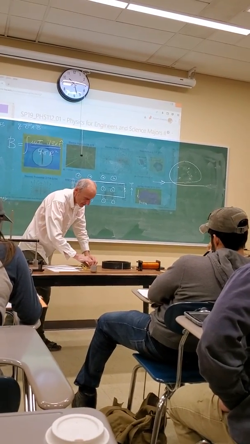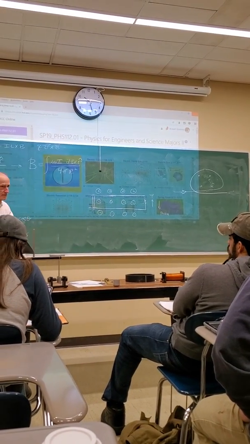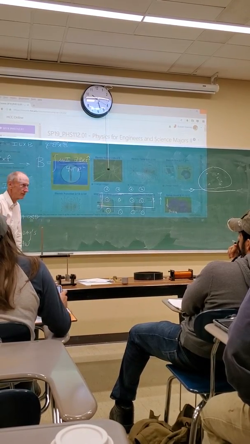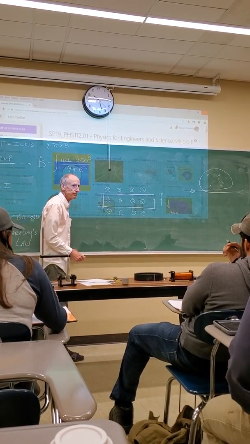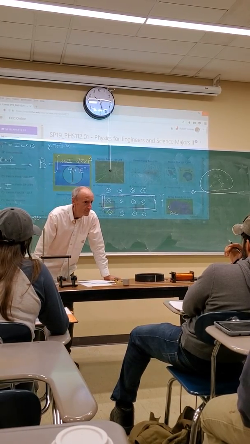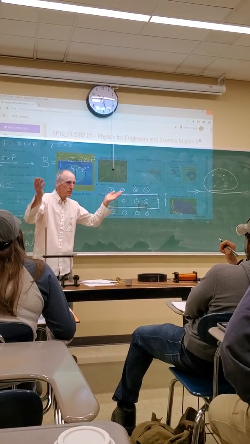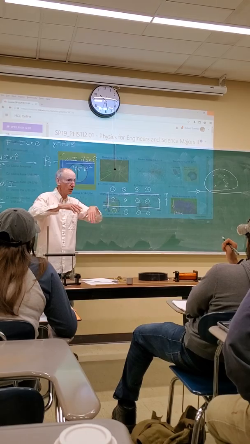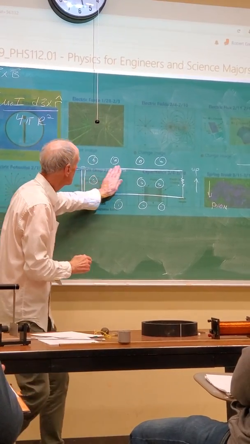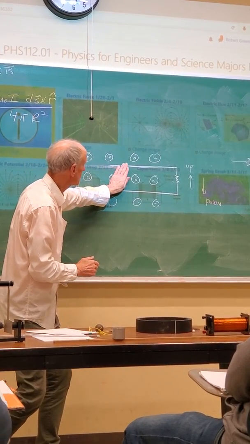Okay? So as I slide it this way, the flux is decreasing. Are flux lines the same as field lines in this case? Flux lines are field lines. But the flux is the number of field lines, right? If the number's high, the flux is high. If the number's low, it's low. So we did that by counting field lines. That's why I say it's decreasing, because I went from 4 field lines to 2 field lines.